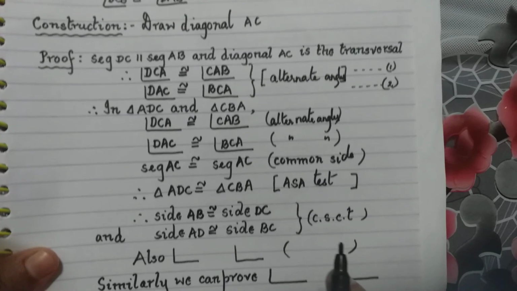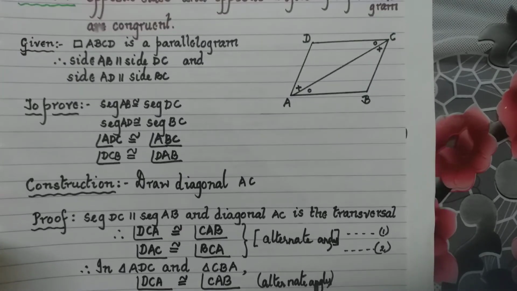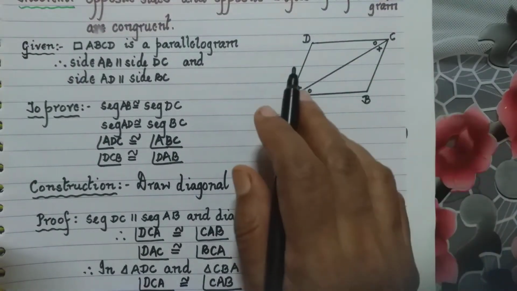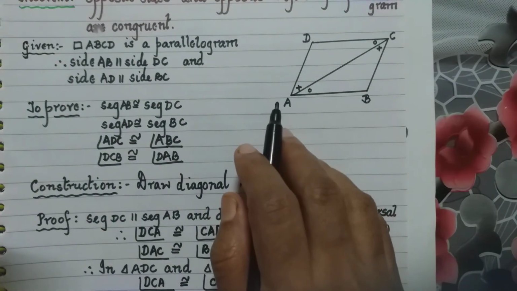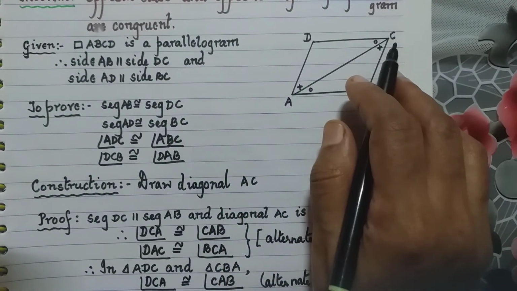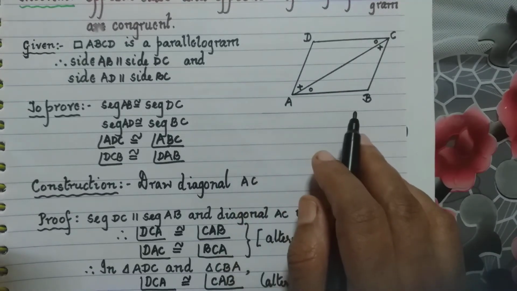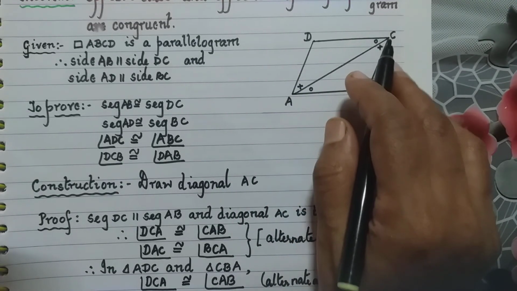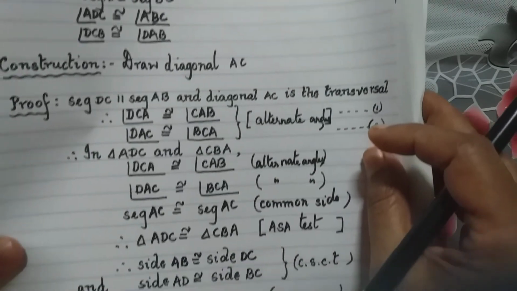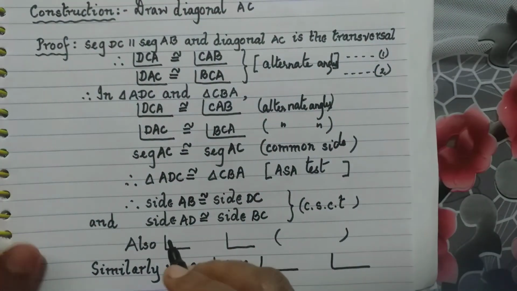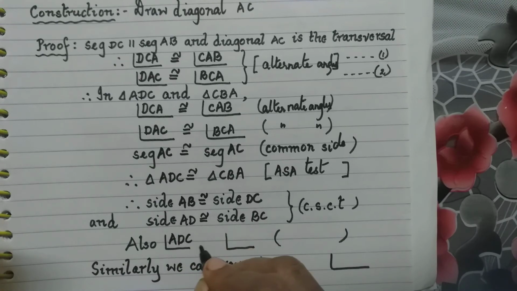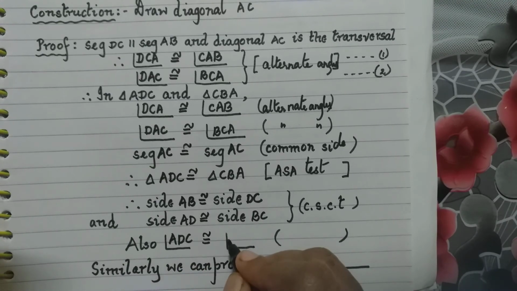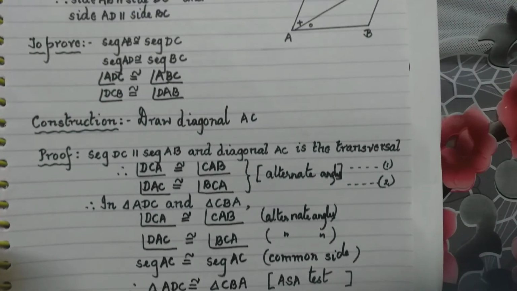Now also we have to talk about the angles. We have to prove the opposite angles are congruent. So angle ADC is congruent to angle ABC.